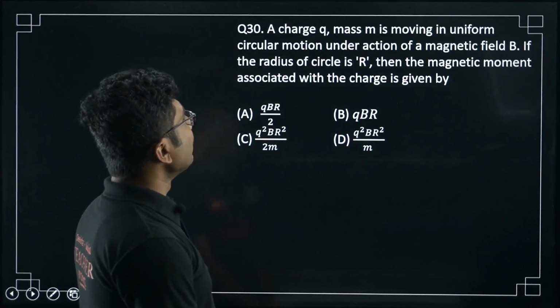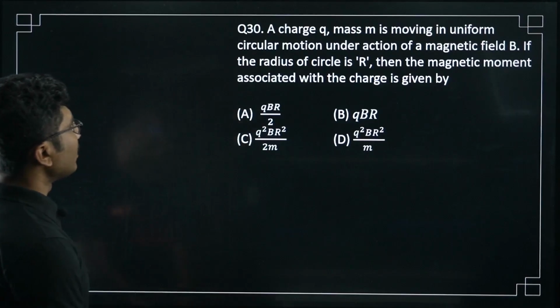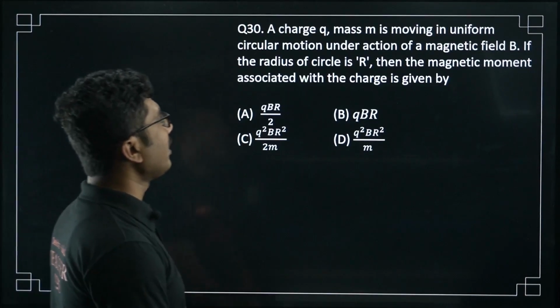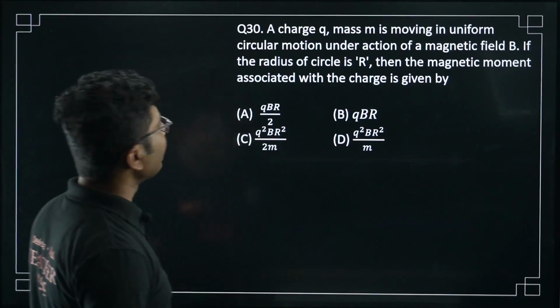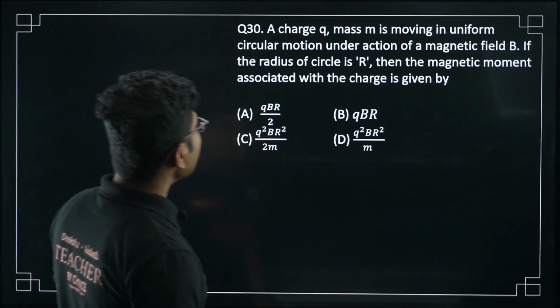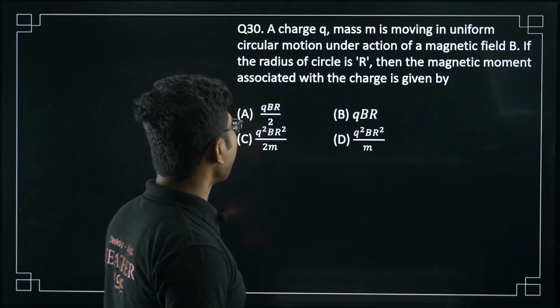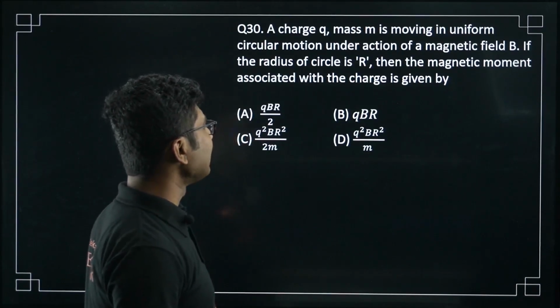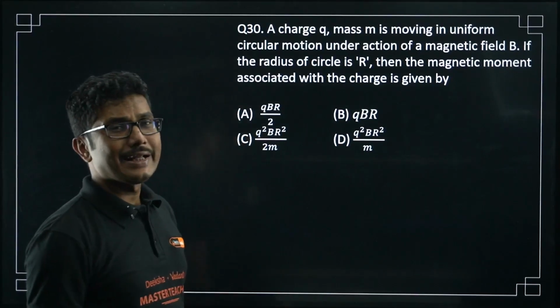A charge q of mass m is moving in uniform circular motion under the action of a magnetic field B. If the radius of the circle is r, then the magnetic moment associated with the charge is given by. So what is the formula for magnetic moment?